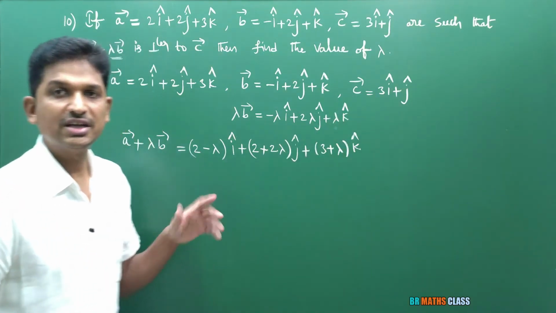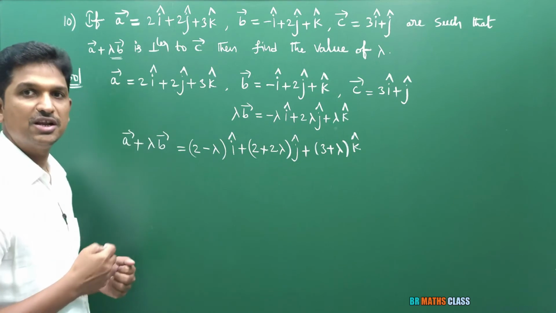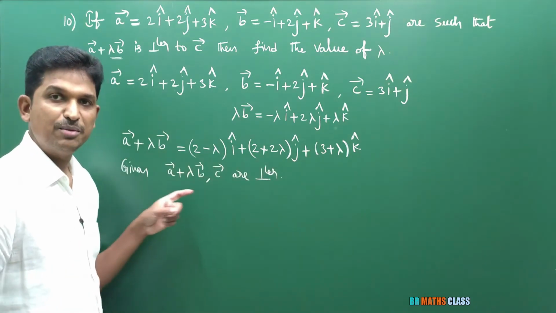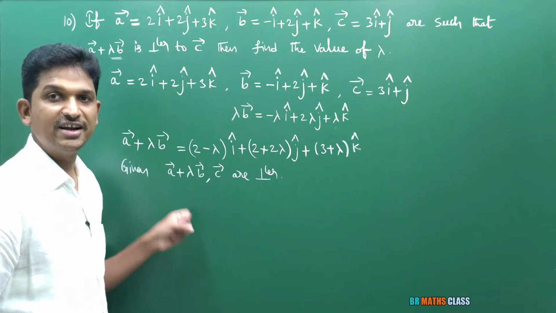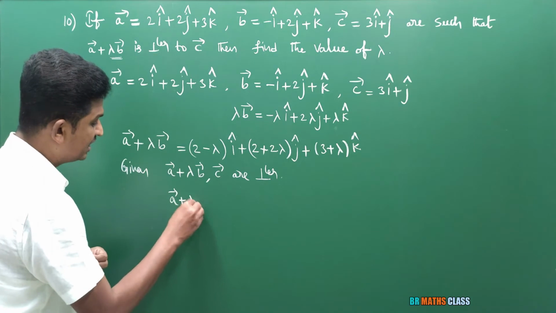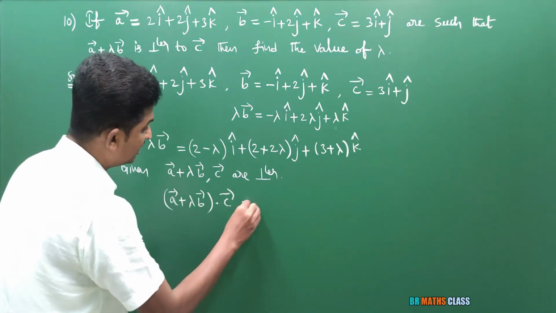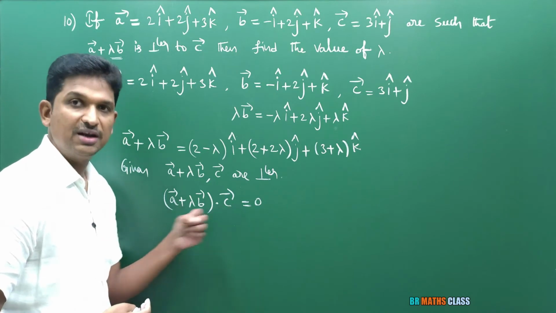Okay. Now, in the question they have given that a bar plus lambda b bar is perpendicular to c bar. As a bar plus lambda b bar and c bar are perpendicular, what do you know? You know that their dot product is 0. So, a bar plus lambda b bar dot c bar equals 0.